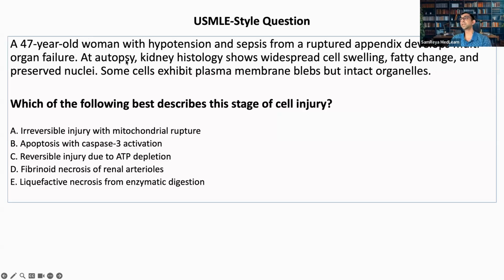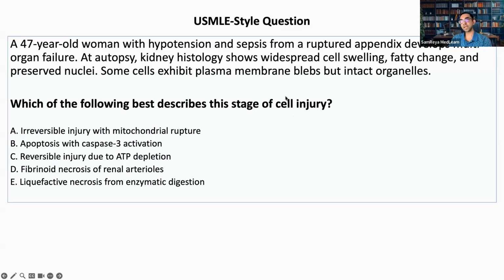At autopsy, kidney histology shows widespread cell swelling, fatty change, and preserved nuclei. Some cells exhibit plasma membrane blebs, but intact organelles. Just by reading the question, this is exactly what we've discussed in the last 10 to 15 minutes. These are all features of a reversibly injured cell, right? Which of the following best describes this stage of cell injury?